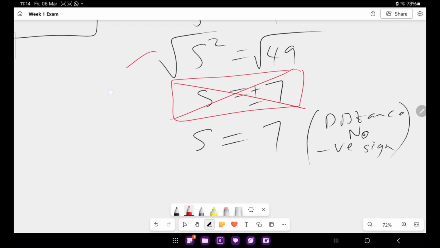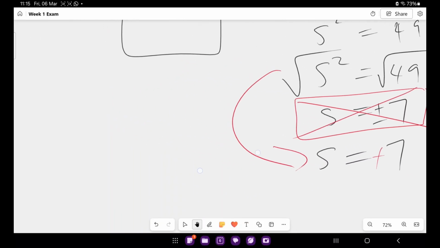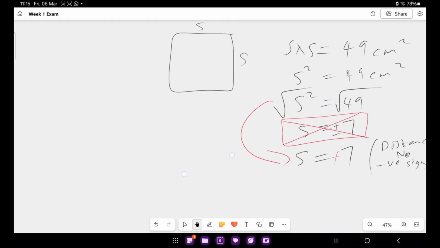Most of the time you just jump from here to here, then s is equal to 7. But actually it is true, but not in every case whereby your answer would be plus 7. So it depends. So that's where you have to understand the type of question that you have.